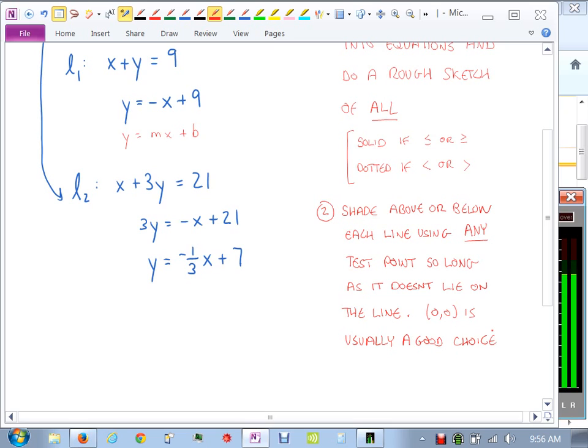Now, we have to do that test point for each of our lines, right, or inequalities, into the original inequality, correct? All right? Yeah. So I'll add that if that helps. Plug into original inequality.